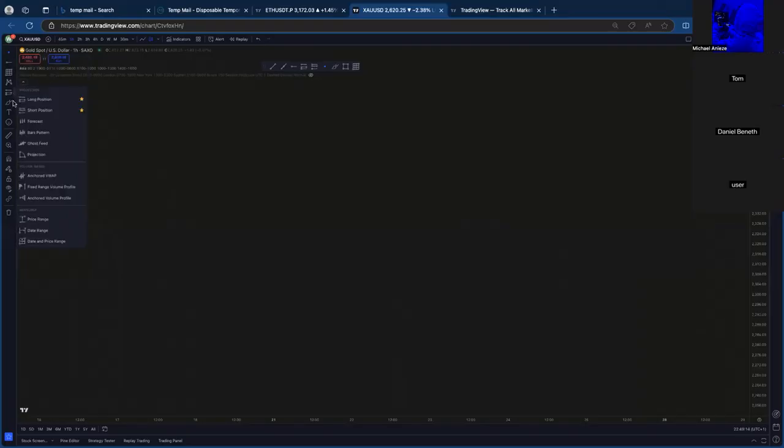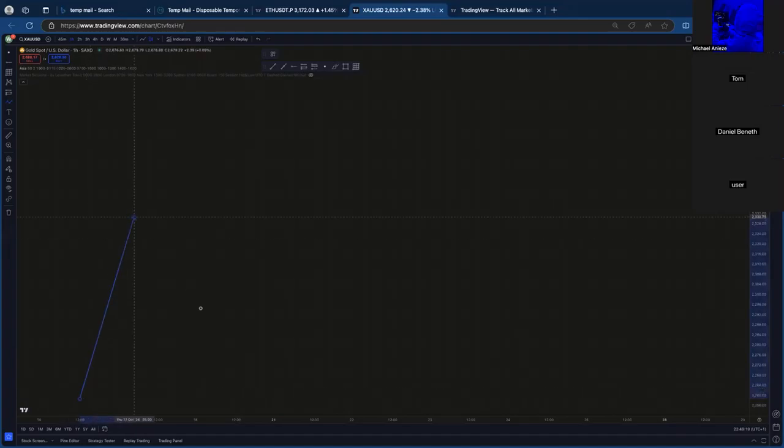Now, this is swing high, swing low, swing high, swing low, swing high. These are also called external points, or swing highs.